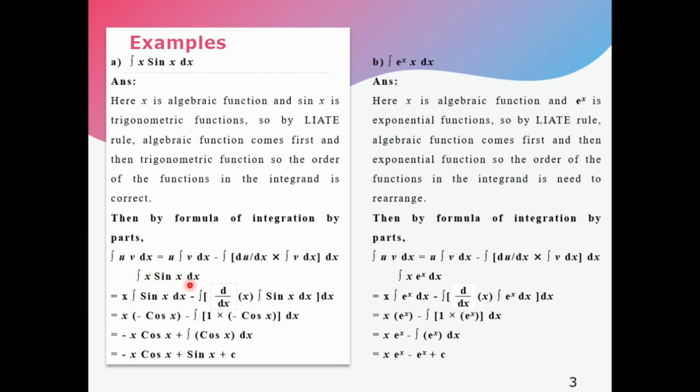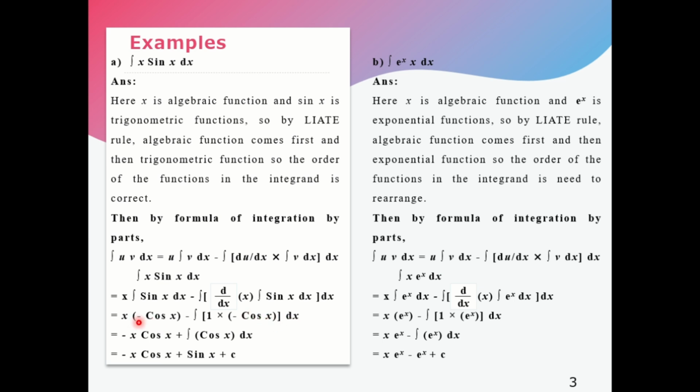Integration x sin x dx: x into integration of sin x dx minus integration of derivative of x into integration of sin x dx, whole integration. x as it is, integration of sin x is minus cos x, minus integration of derivative of x with respect to x, which is 1, into integration of sin x, which is minus cos x, dx.